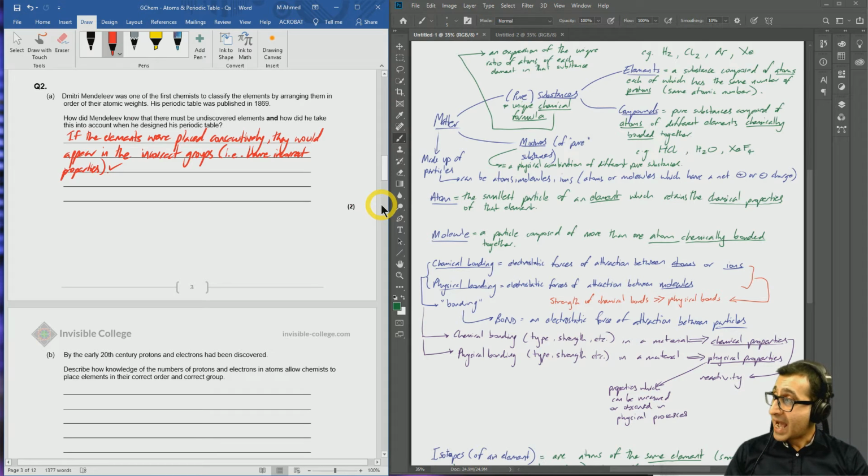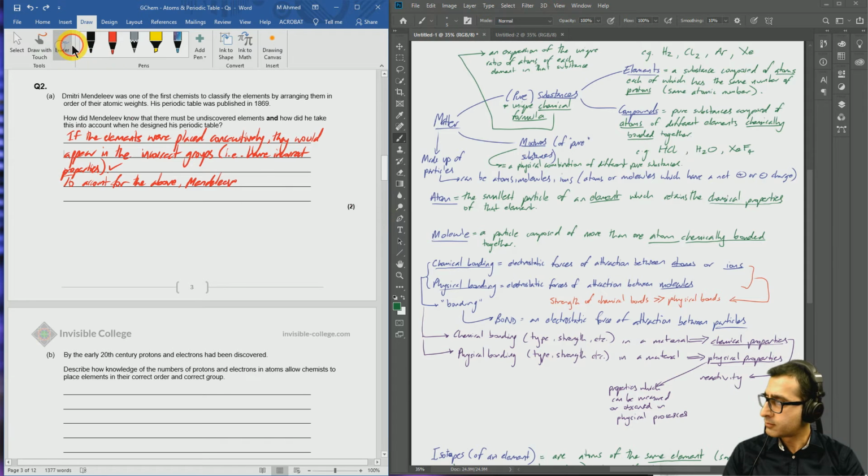Now, how did he take this into account when he designed this periodic table? Well, this mark is much easier to define. Obviously, the implicit in this is to account for the above, Mendeleev left gaps for undiscovered elements.